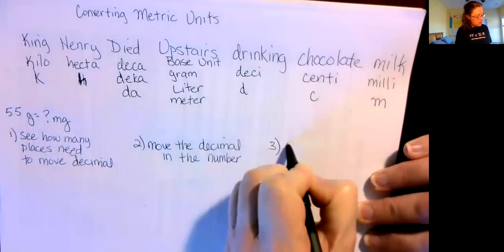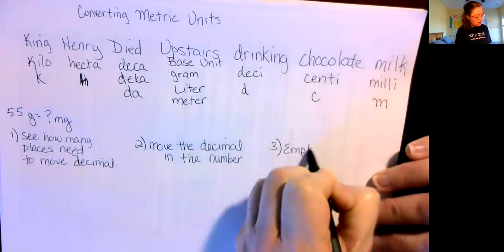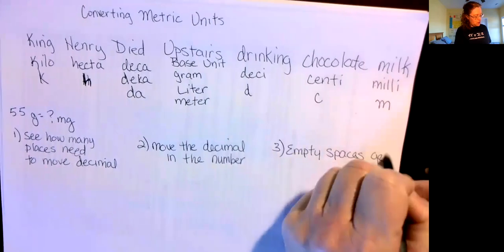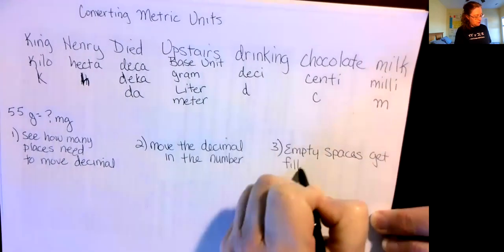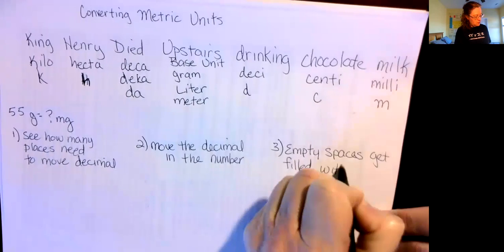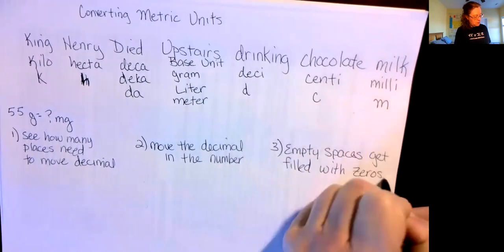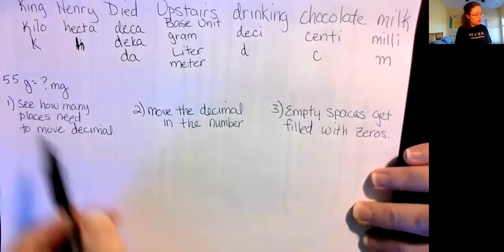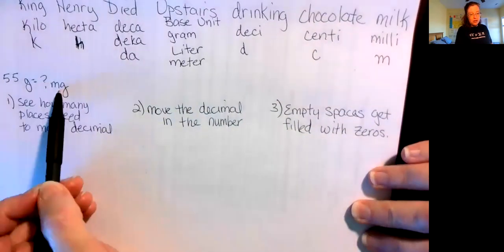Lastly, if there's any empty spaces, they get filled with zeros. So you ready to give it a shot? Say we want to do 55 grams equals a certain number of milligrams.